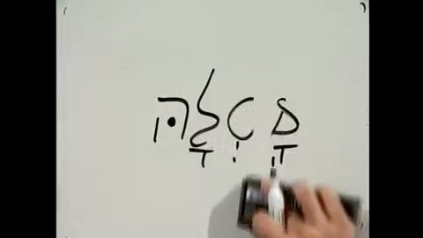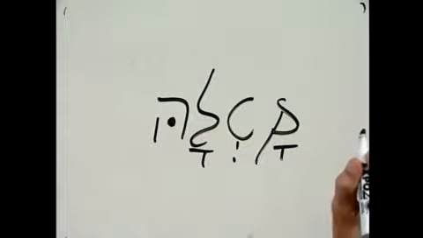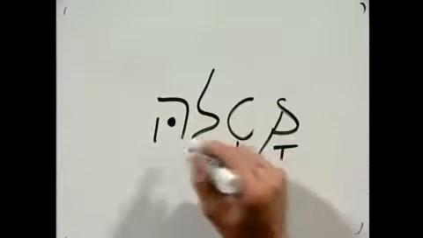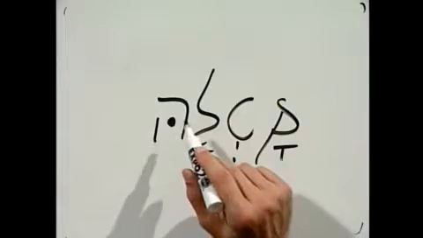However, if you were to have a mapik in the final hey, that now closes the syllable, and this is considered closed. But again, this is not doubling, not changing the pronunciation really. What it's doing is it's making this hey where it really closes.